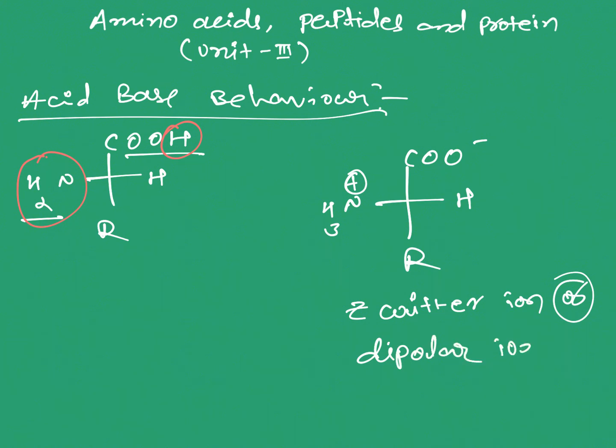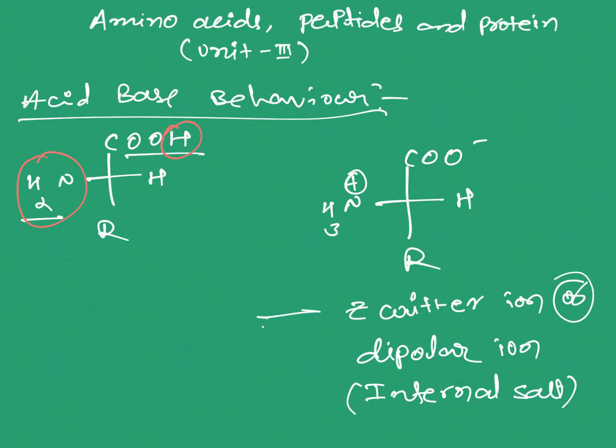Internally the acid group is donating H plus and the base group is taking H plus. This is nothing but salt formation, which we call an internal salt. So what is a Zwitter ion?